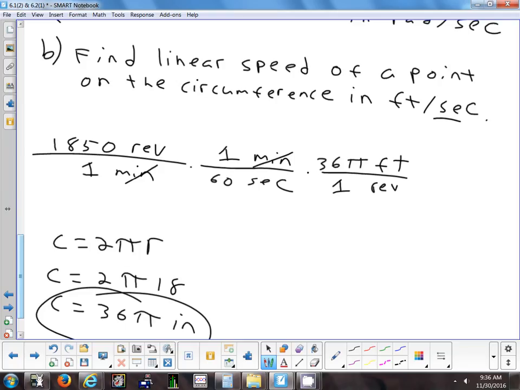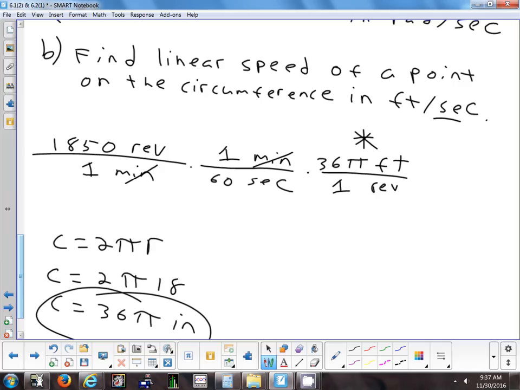Now, what's different about this conversion is it changes in every problem. There's always 60 seconds in a minute. There's always 24 hours in a day. There's always 12 months in a year, things like that. Those conversions never change. This conversion changes depending on the size of the tire. There's not always 36 pi, I need to fix that.